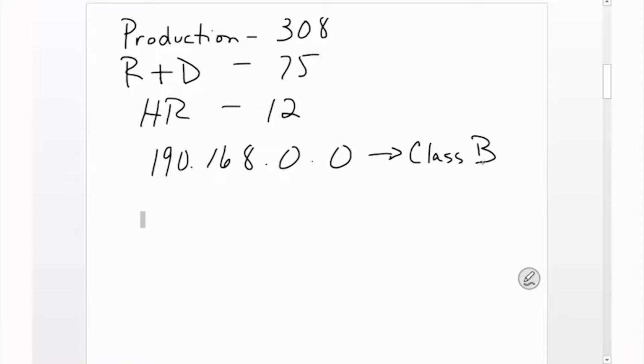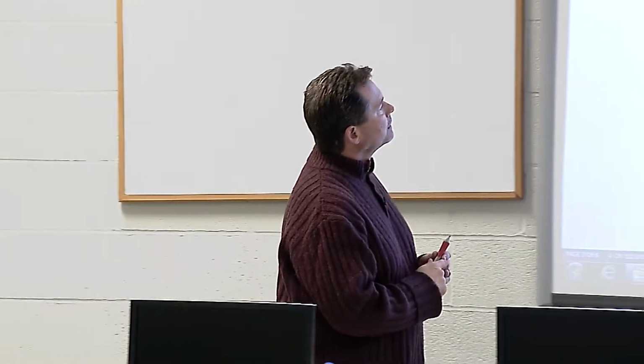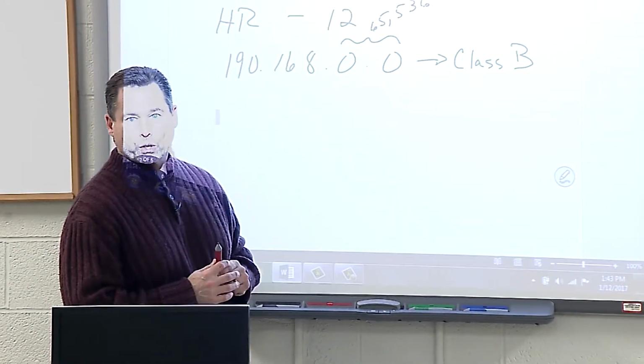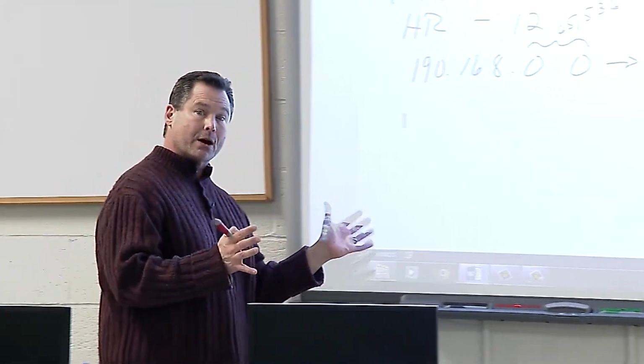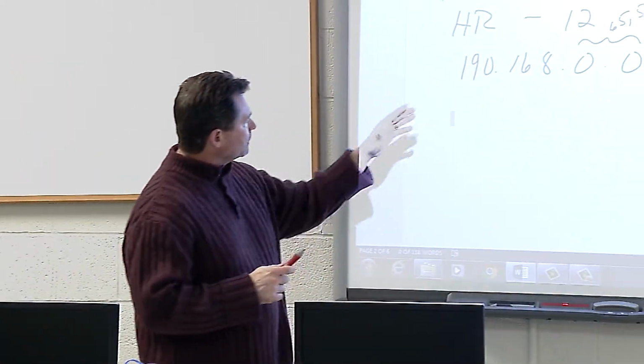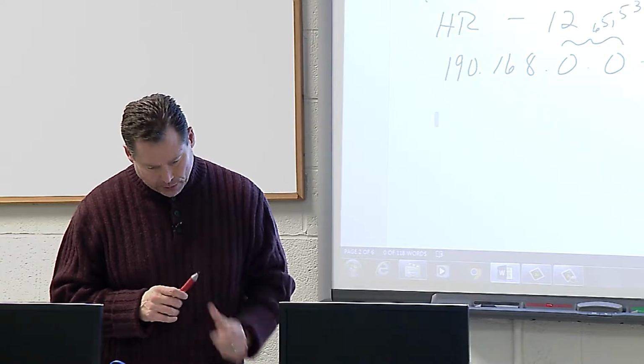And that means that we have 65,536 addresses in that address space. That's quite a bit more than all three of those networks combined, and we want to separate those networks anyway. So we're going to convert this into a binary value.